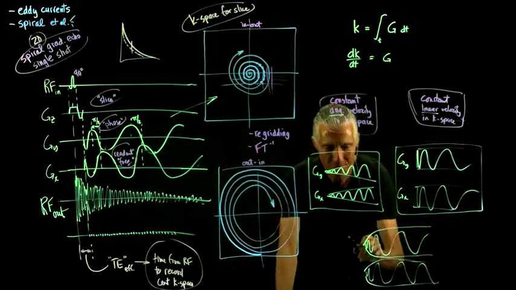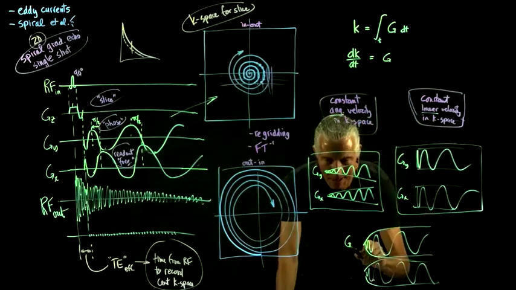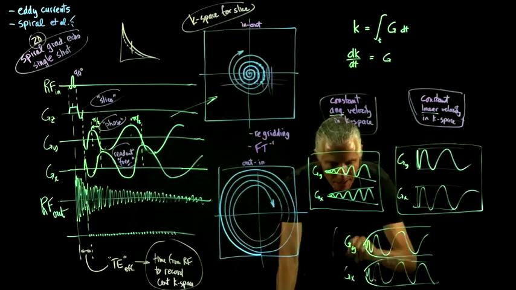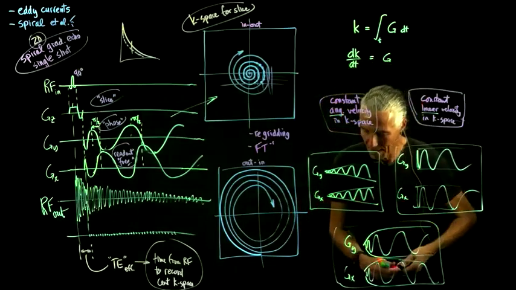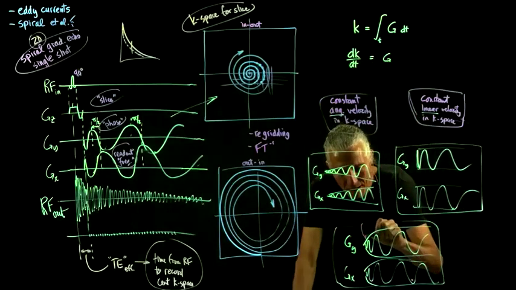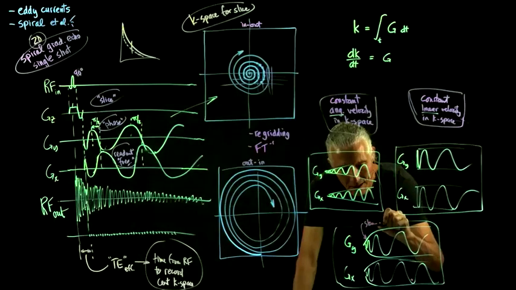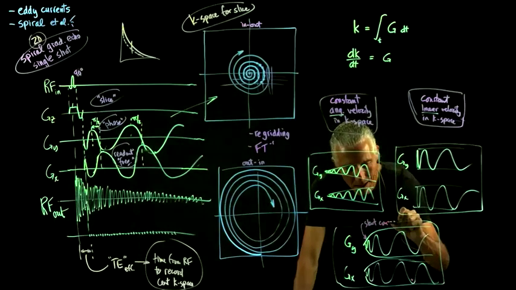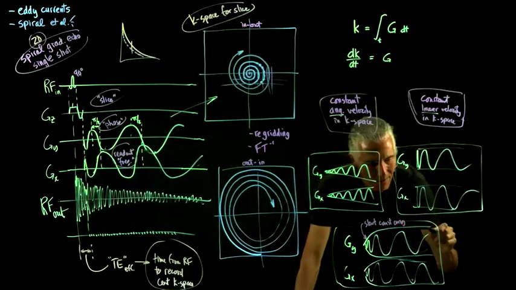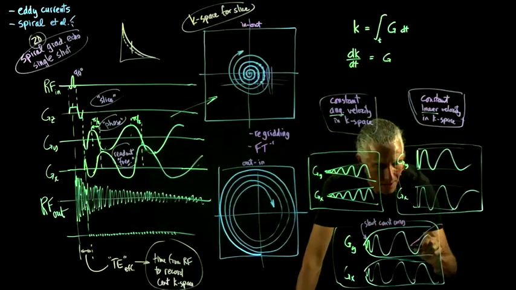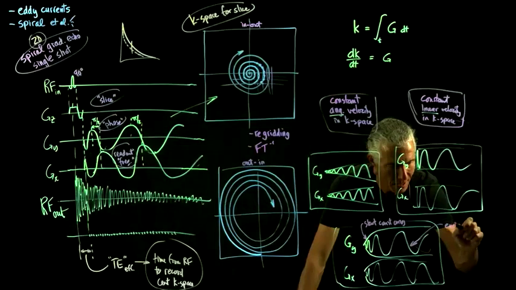So that's like start G_x. So that guy is like start constant angular, and then end constant velocity.